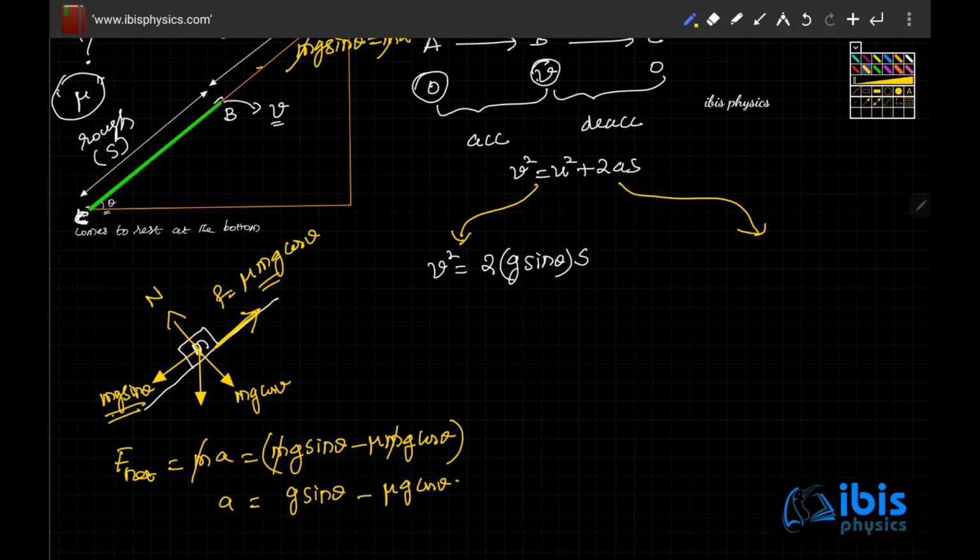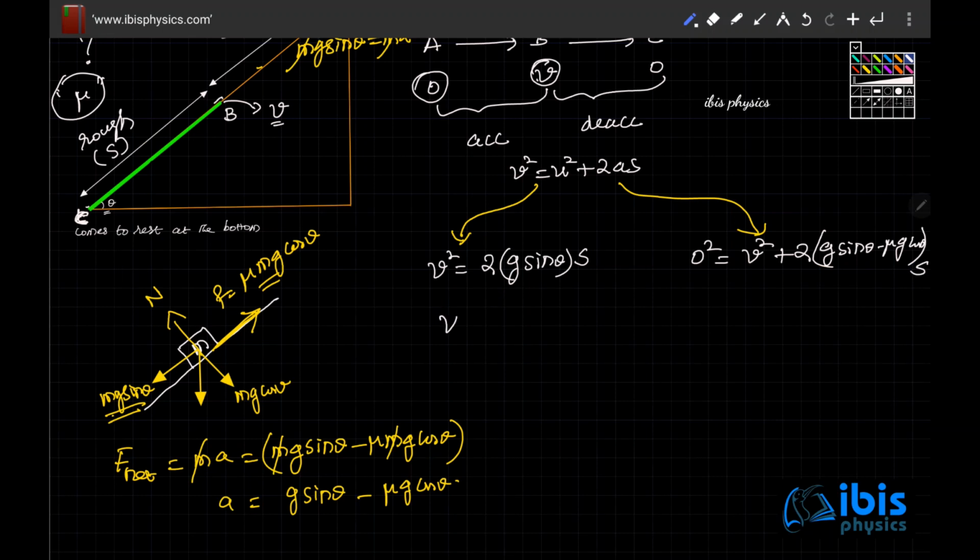For the second part, initial velocity is v, final velocity is 0. So 0 square equals v square plus 2 into g sin theta minus mu g cos theta into s.